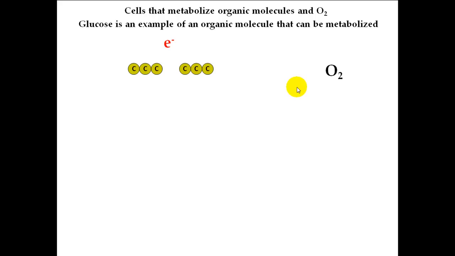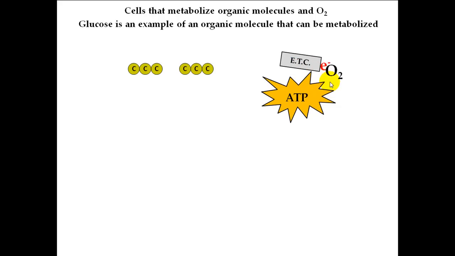The thing that actually does the ATP generating, remember, is a series of molecules called an electron transport chain. So it's when the electron is pulled through the electron transport chain by that oxygen that the electron transport chain uses the energy of the moving electron to make a whole bunch of ATP molecules.